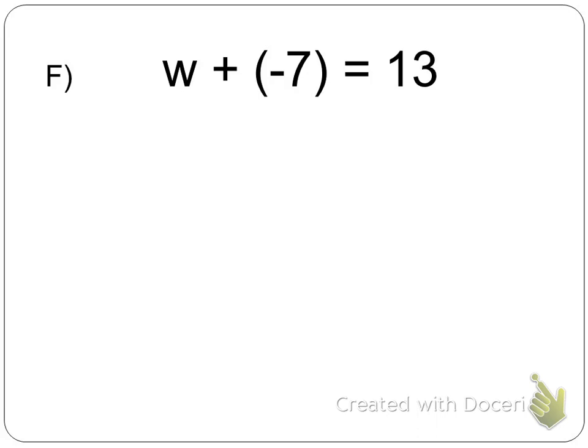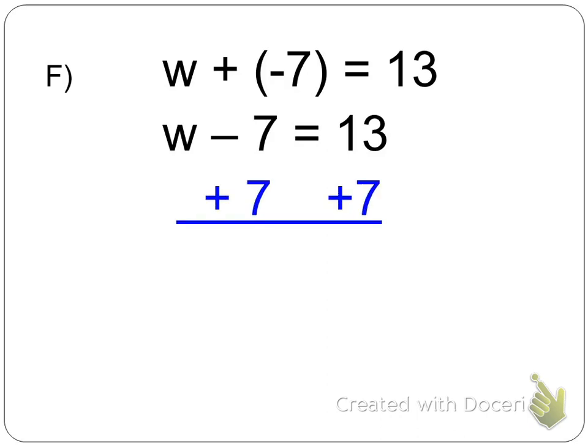But what's subtracting a negative 7? It's like adding 7. Or you could just clean it up and then deal with your signs. We know that adding negative 7 is the same thing as minus 7, and then you'd add 7. Either way, you end up adding 7 to 13. So hopefully both routes give you w equals 20. Questions?